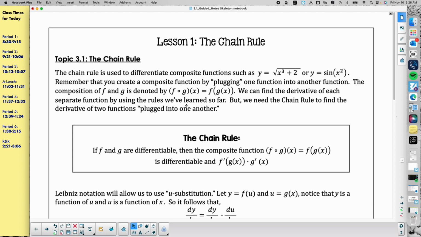On the right-hand side in blue, the product rule and quotient rule is what we were learning for the last week or so. Those aren't actually derivatives. Those are just a formula to tell you how to take the derivative of a complex equation.